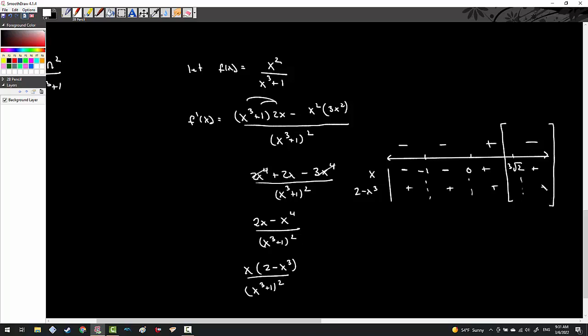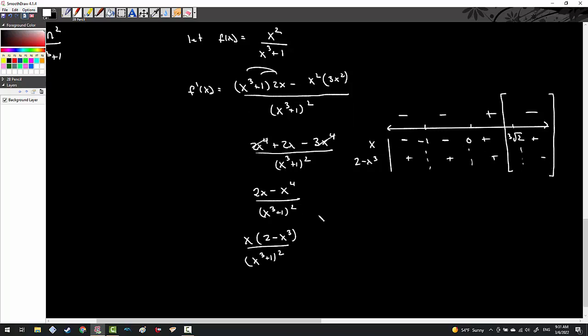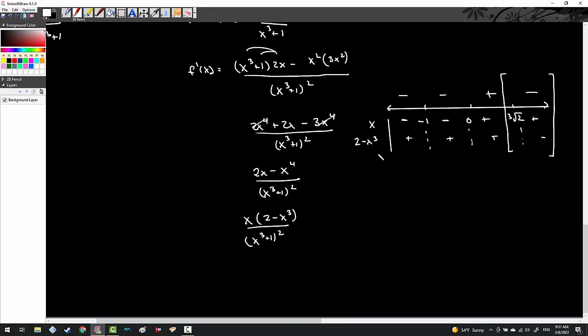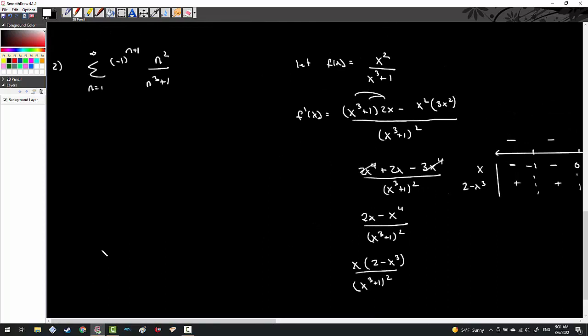All right. So what I can say is that my terms, let's see, I'm going to go over here actually. I can say then, I can just go and call them a sub n, decreases. And then I can say then that the limit as n goes to infinity of n squared over n cubed plus 1 does in fact equal 0, right?